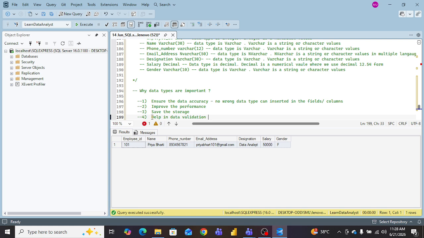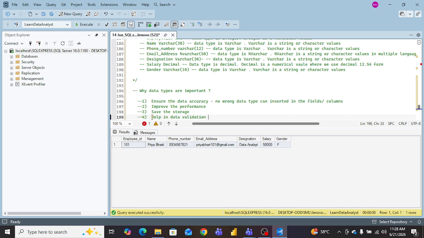How can data type help us in data validation? Any idea? Data validation means we can know the quantity on the basis of data type. Got it? We can easily validate the data.